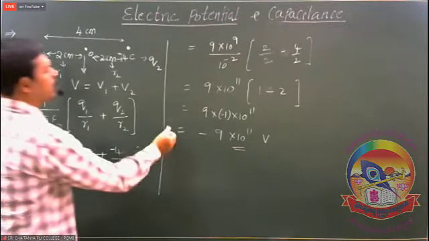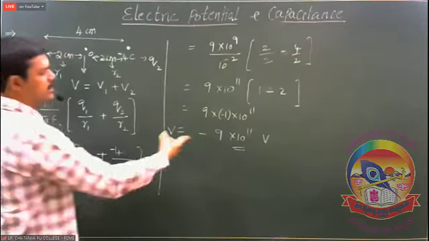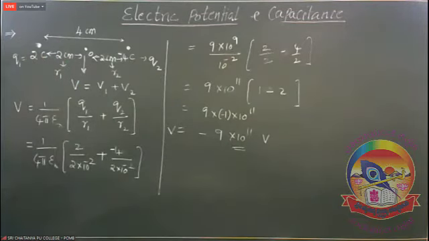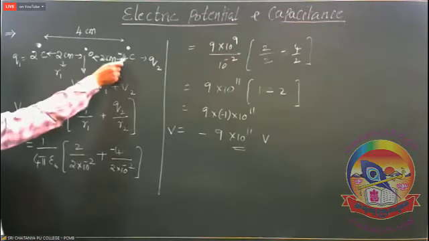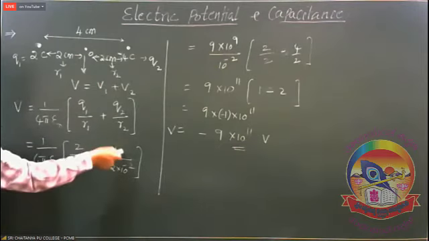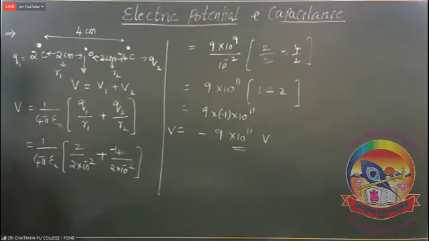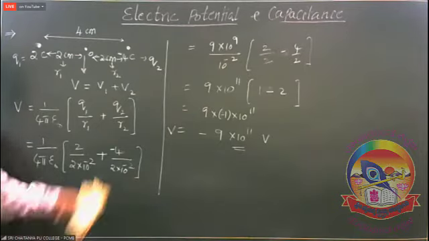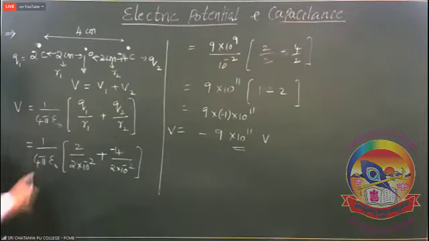I got a negative potential. So what do you understand here? Whenever charges are given as negative, take them as negative. Take the charges along with their polarity and find the potentials. Take their algebraic sum, and you will get the net potential at the point.